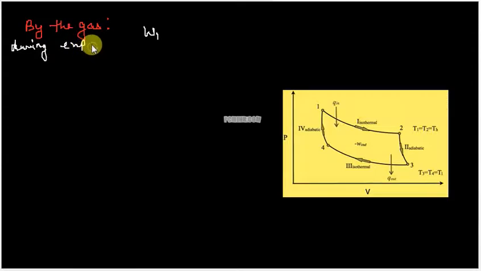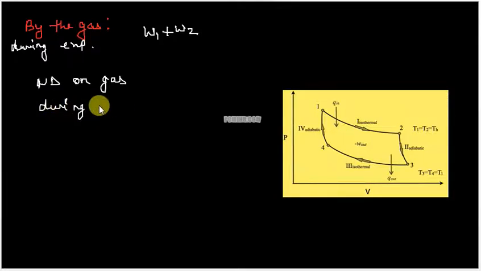And work done on the gas would be in the last two steps when it is compressing, because we are doing work on the gas. So that would be W3 plus W4.